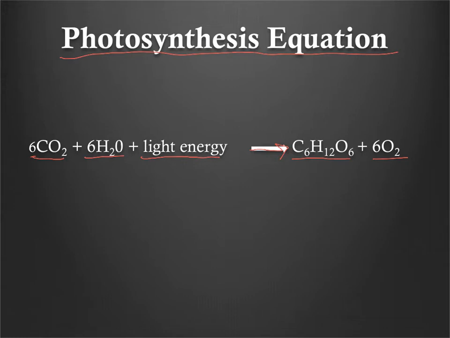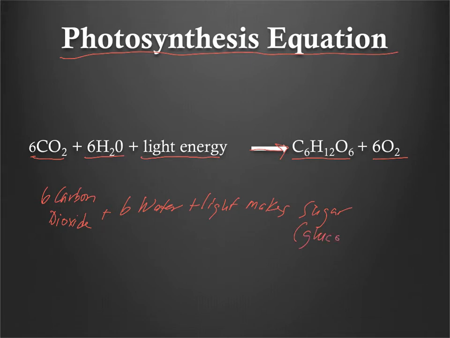What this is saying in words is 6 carbon dioxide plus 6 water plus light makes sugar, well, in the form of glucose, but other sugars as well, and 6 oxygen gas.